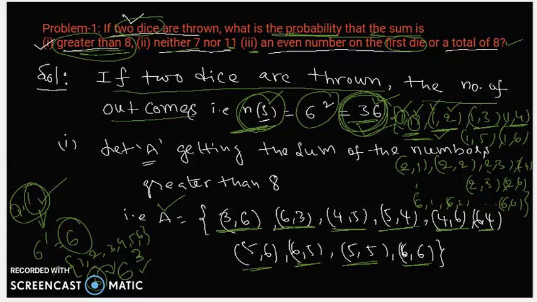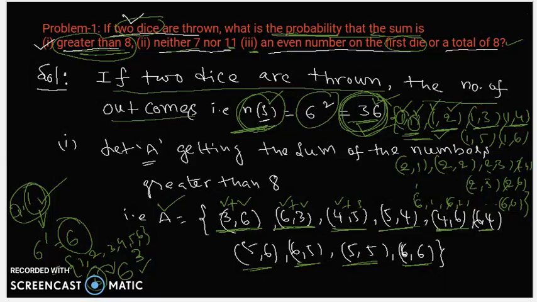So observe each ordered pair in this set capital A, the sum of these two elements. The first element represents the number on the first die, the second element represents the number on the second die.